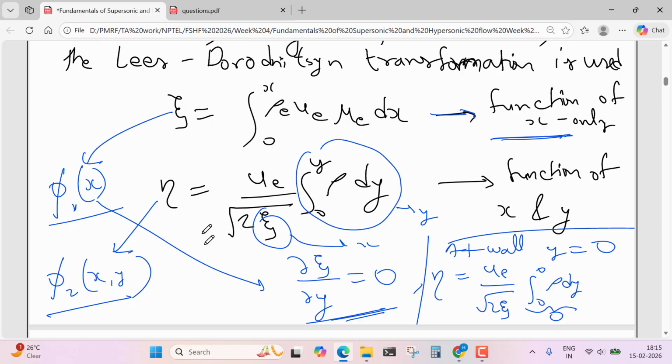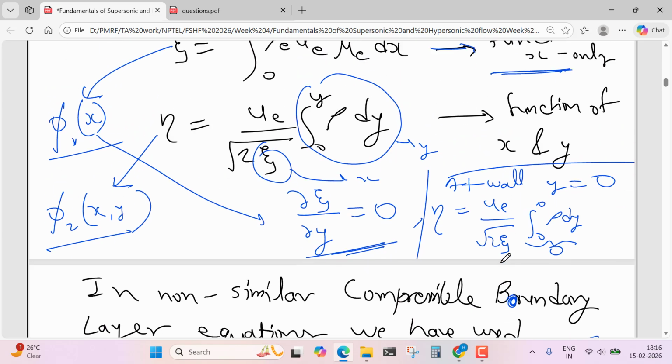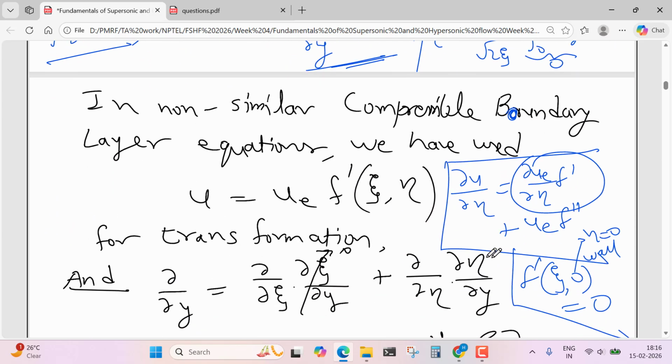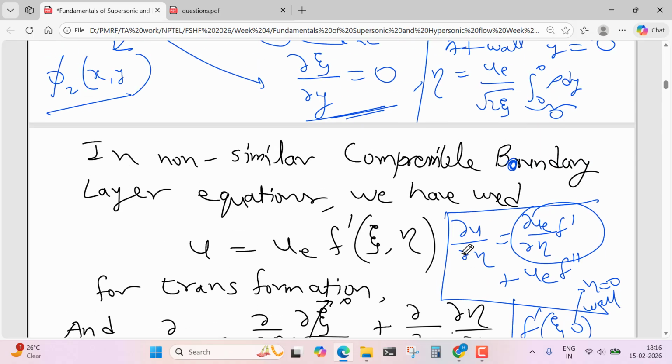And one more thing, from eta you can see that its limit is 0 to y. So if you want to find eta at the wall, you have to put y equal to 0. So this integration will be 0, which means that eta will be 0 at the wall. Now, I already told you that f dash is u upon ue, and this f dash is a function of xi and eta.